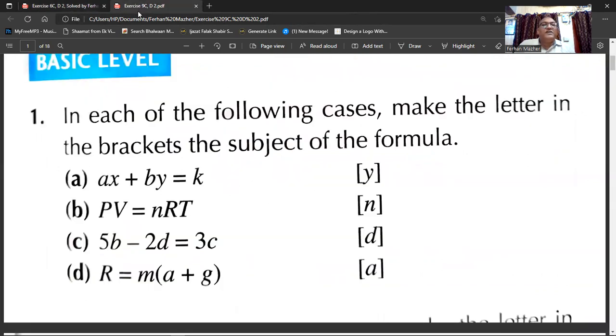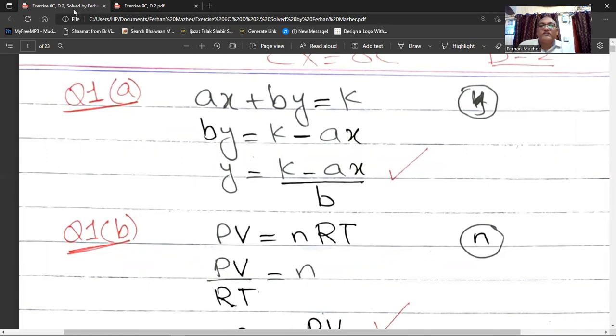The second part is PV equals nRT. We want to make n the subject of the formula. And I told you, when you make the subject of the formula, that means you will make that alphabet alone on one side.